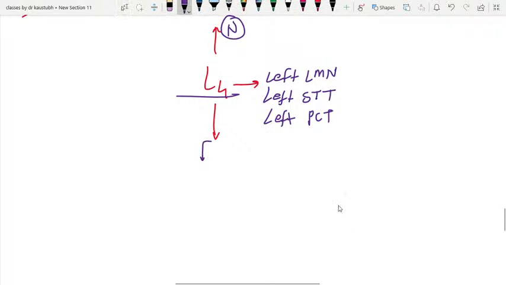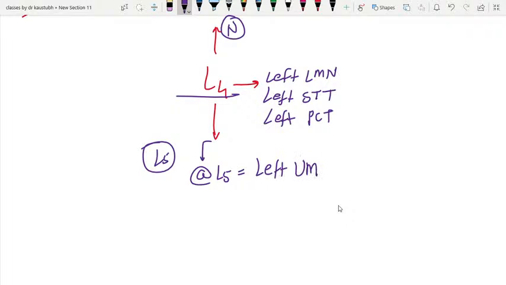Below the level, suppose I ask you what would happen at L5. There will be left-sided UMN. There will be right-sided spinothalamic tract involvement. That means right-sided L5 region sensations, that is the dorsum of the foot, sensations of pain and temperature, will be gone.